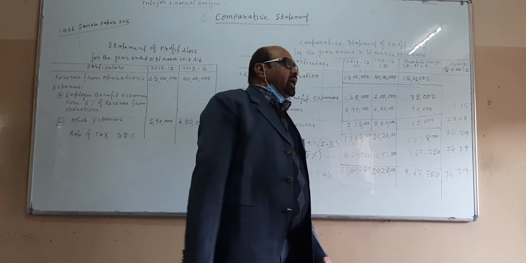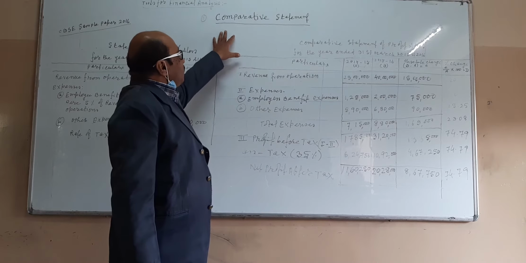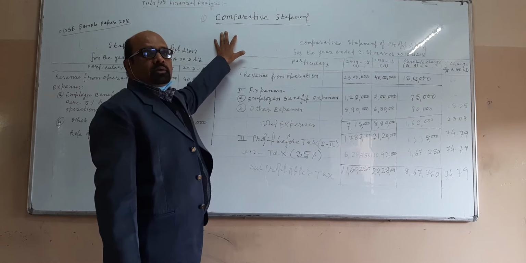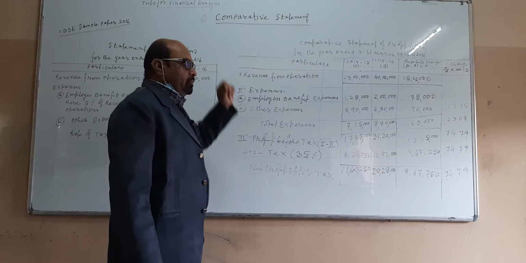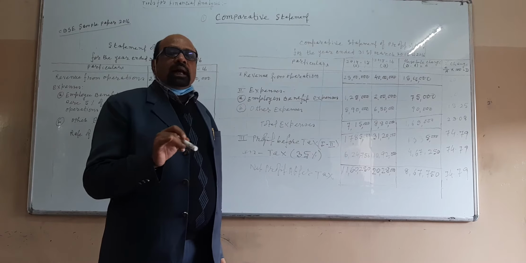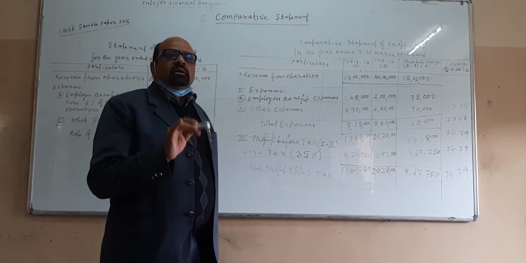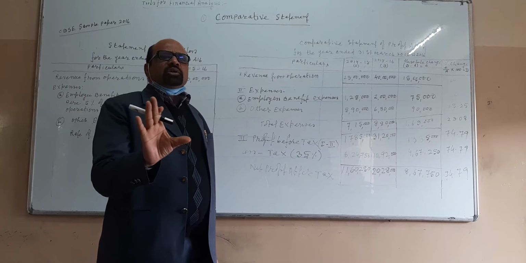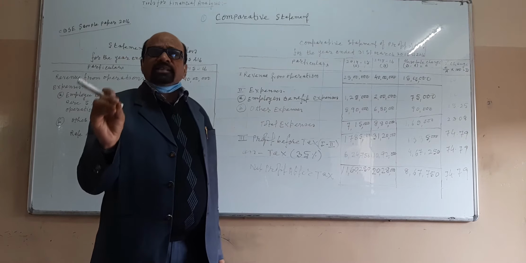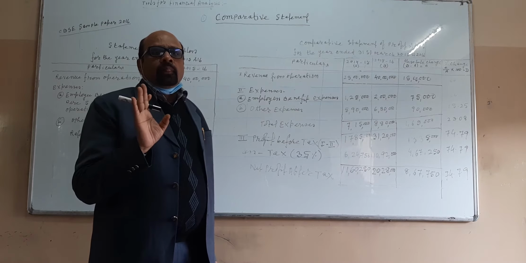So today we will study about the comparative income statement. What is it, students? So see, you just solve one question, then you come to know that how we prepare comparative income statement. Students, a very easy chapter, and you can easily secure 4 marks from this, right?